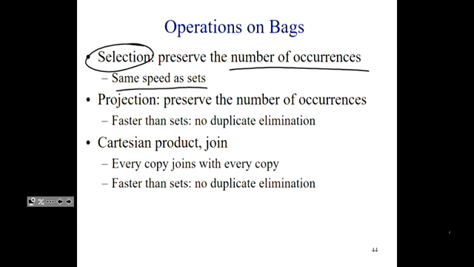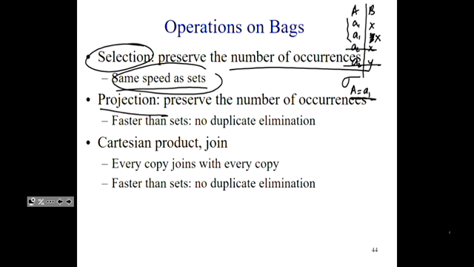For instance, if you had attributes A and B, with tuples A1 X, A1 Y, A2 X, A2 Y, and let me keep 2 copies of A1 X. And I had a selection operation, select A equals A1. I will get rid of A2 X and A2 Y, but I will retain both copies of A1 X, so it preserves the number of occurrences. Nothing too surprising.